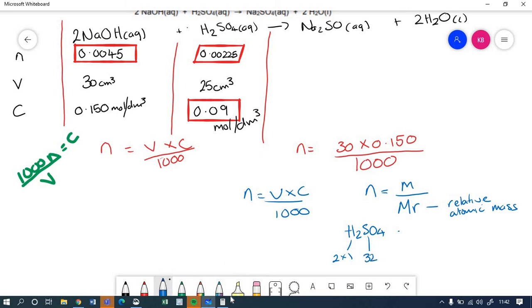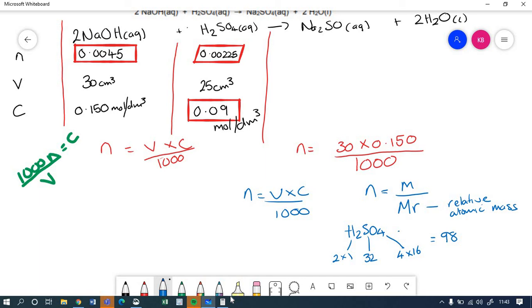Sulphur is 32, I do apologise, it's not oxygen, sulphur is 32, and then there are 4 lots of oxygen, which is 4 times 16, which is 64, plus 32 is 96, plus 2 is 98, so the total mass of that is 98.